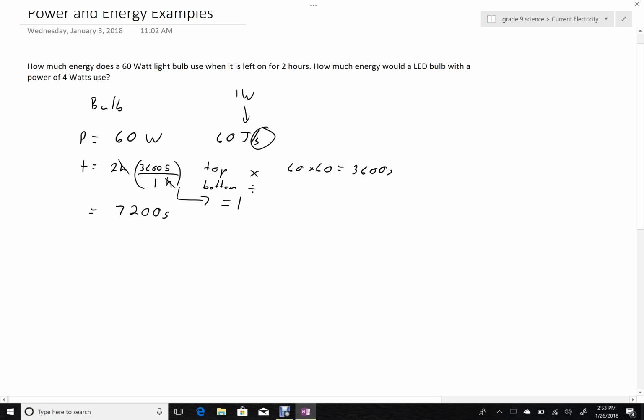And so now I can figure out the thing I'm looking for here, which is energy. Power is equal to energy per unit time, or how much energy used per second. So I have a 60 watt bulb that I have left on for 7,200 seconds. To solve this equation, I can multiply both sides by 7,200.